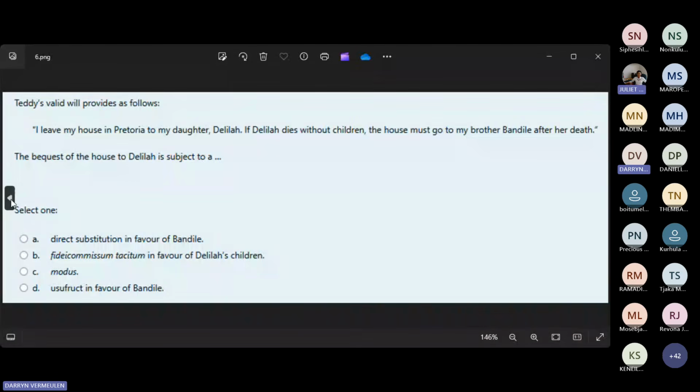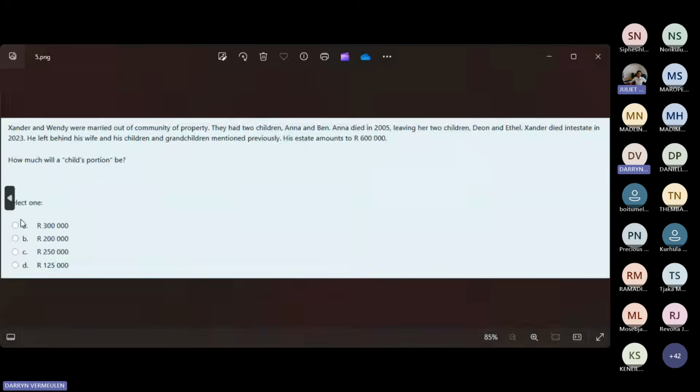The one that's shared now should be the example you're talking about with regards to the child's portion. Yes. Right. So the 175,000 is correct with regards to what the children would get. But this particular question was asking what the child's portion would be. So the correct answer for this question would be the 200,000. But if they asked us what was the amount the children got, you would be correct with the 175,000.